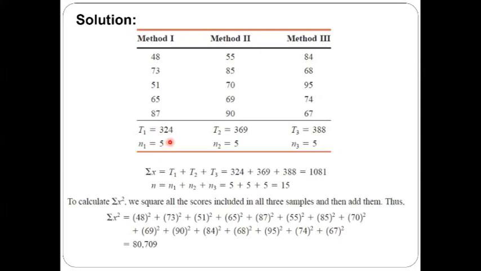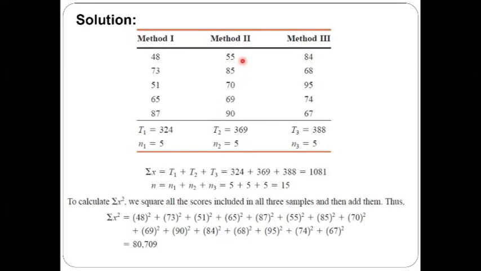Next, for method 2, we get T sub 2 and N sub 2. The process for T sub 2 is the same: we add 55, 85, 70, 69, and 90 to get the value of 369. For N sub 2, we count how many values are in method 2, which is also 5 samples.